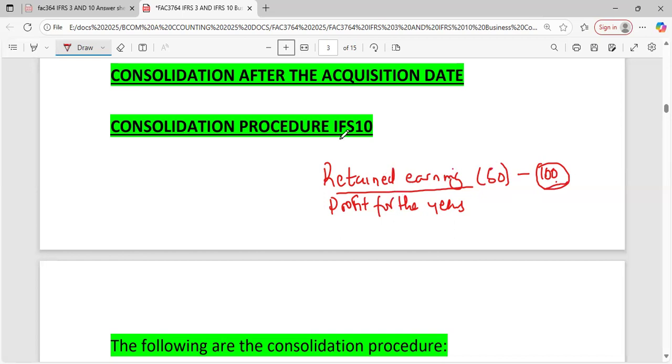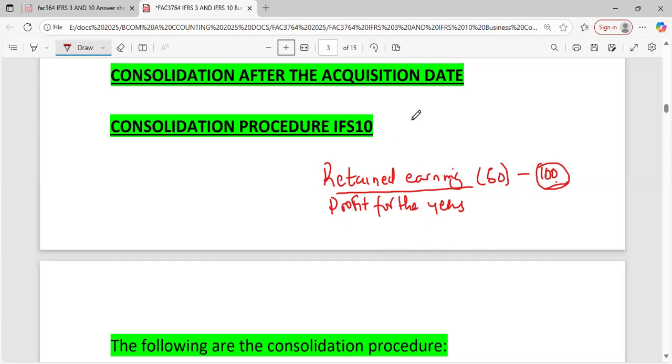That's the difference when you consolidate after acquisition, because since acquisition the business has been trading and making profit, and that profit should now be shared between the subsidiary and the parent.